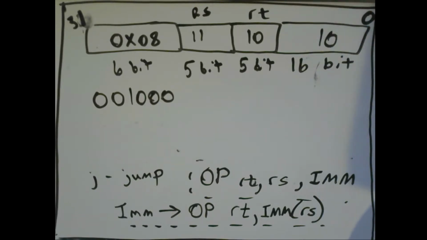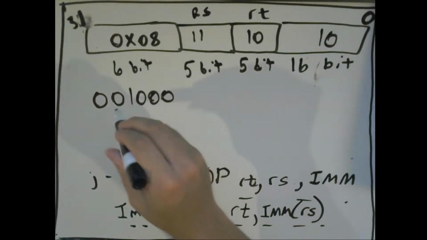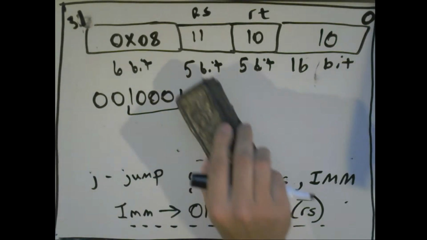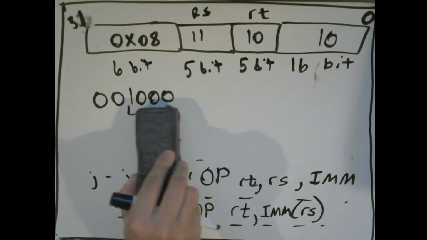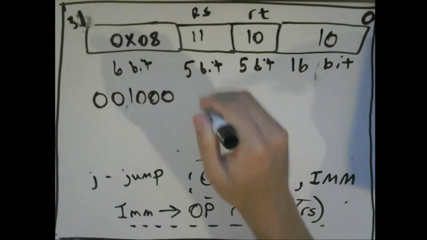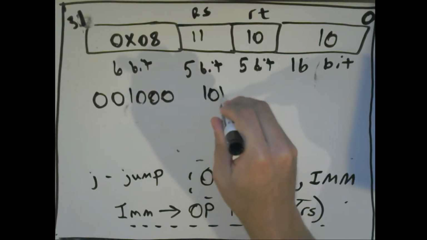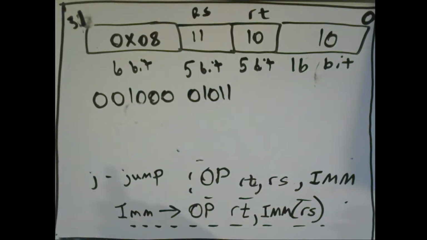You only need 4 bits to represent 8, but we're going to pad it up to 6 bits. To write 11, it's just 1, 0, 1, 1, but I'm going to add a 0 right here to pad it up to 5 bits.